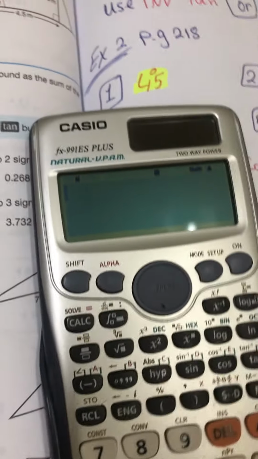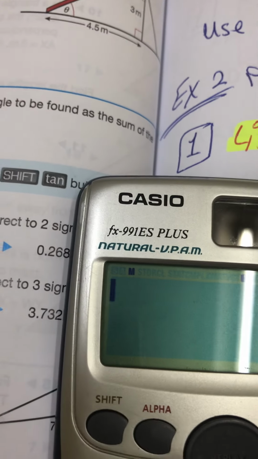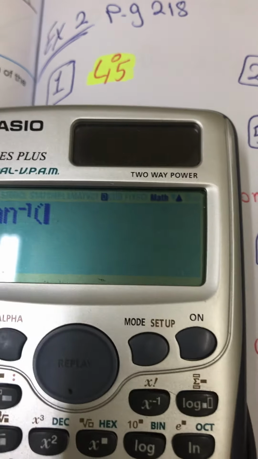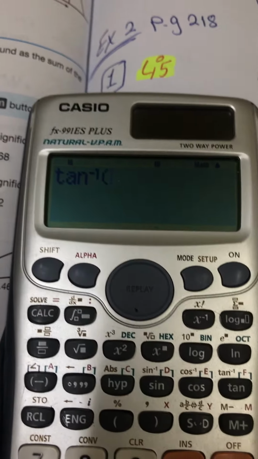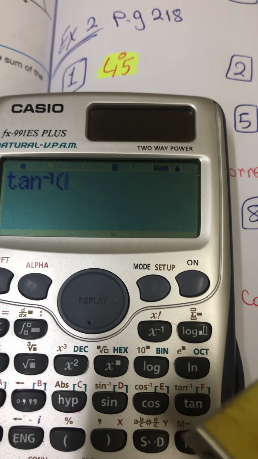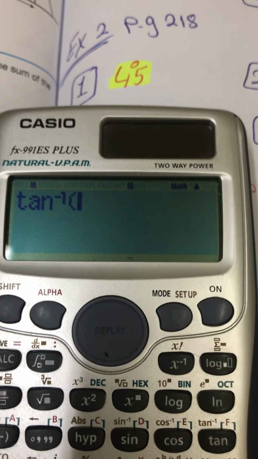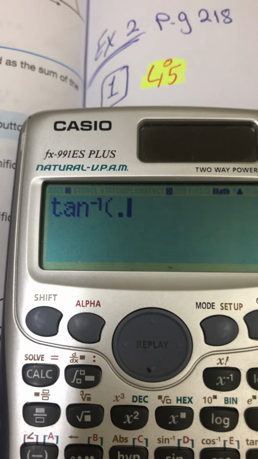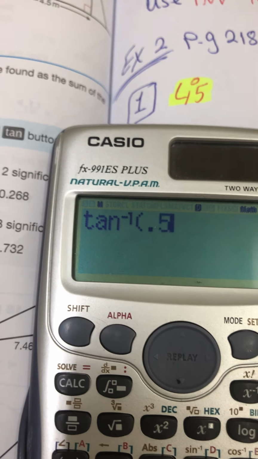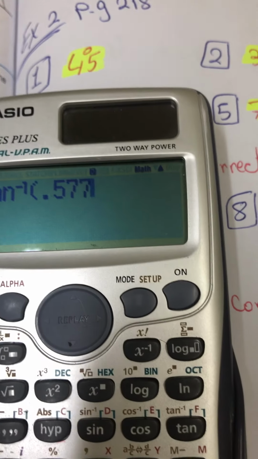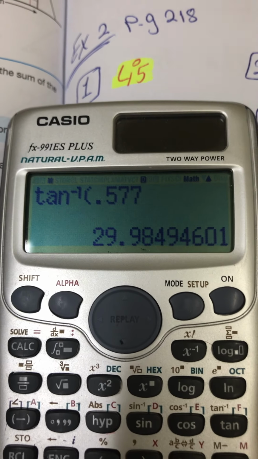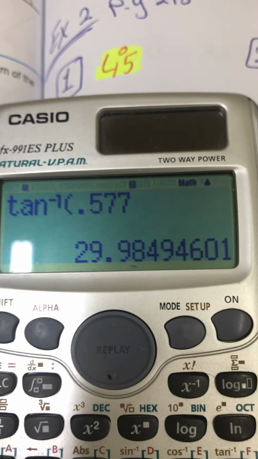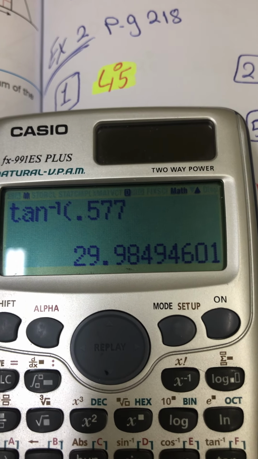Okay, what I said, yalla, say with me, shift, then tan, then write the ratio you have. I have 0.577. Press equal. What is the angle? 29.9. So I consider it about 30.